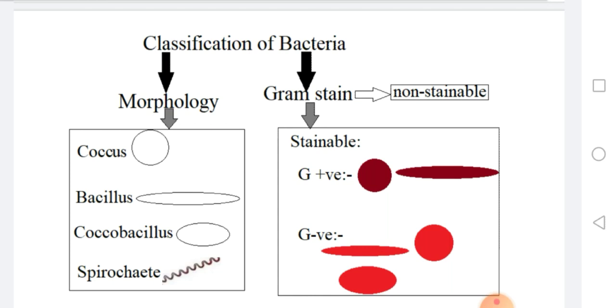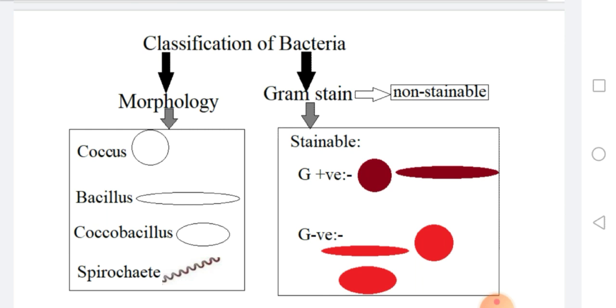We come to the stainability by gram stain. So they are either stained by gram stain or not stained. The stainable bacteria are either gram positive or gram negative.